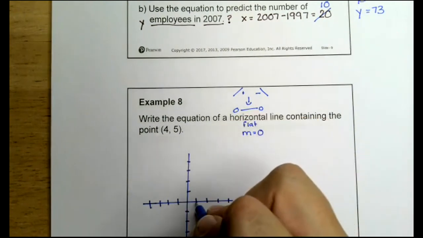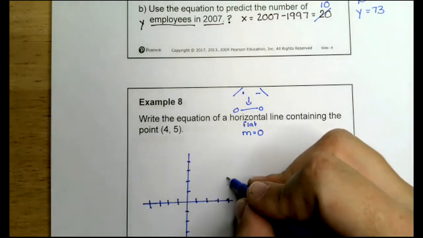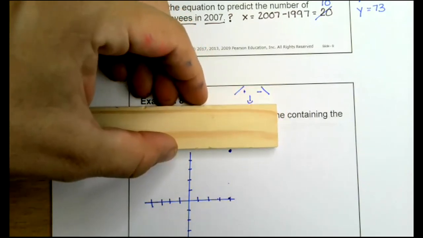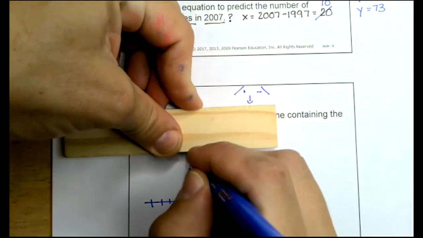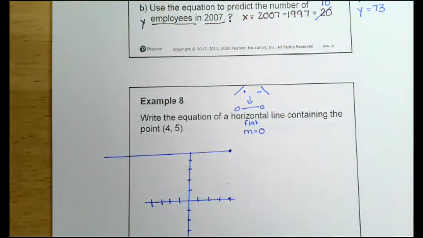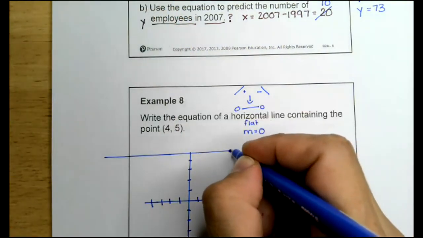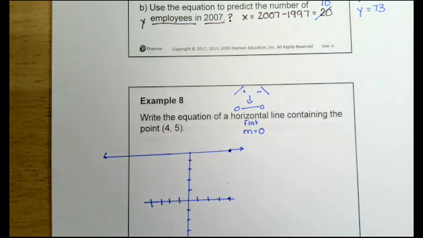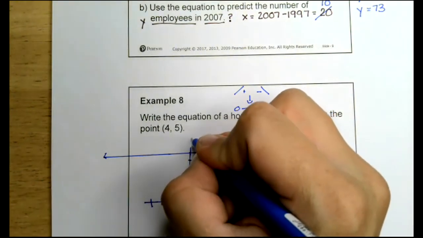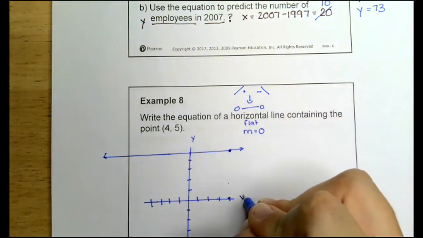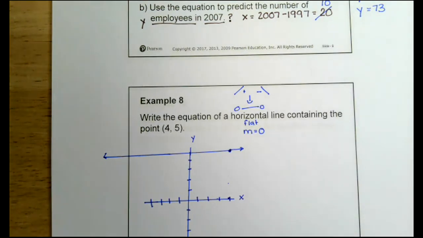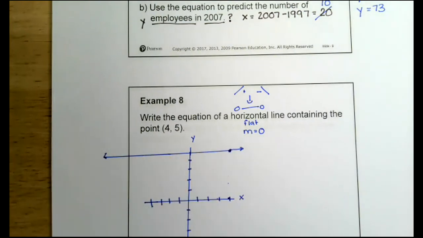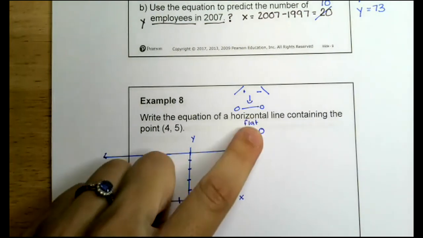It is a horizontal line containing the point 4, 5. It is only going to pass through the y-axis. It will never cross the x-axis. And remember, if it passes through the y-axis, it has a y in its equation. Its slope is always 0.